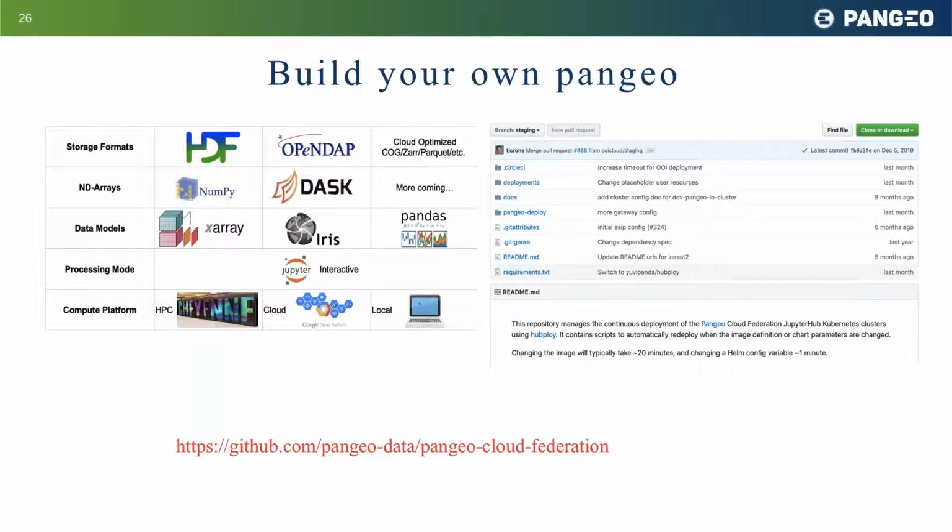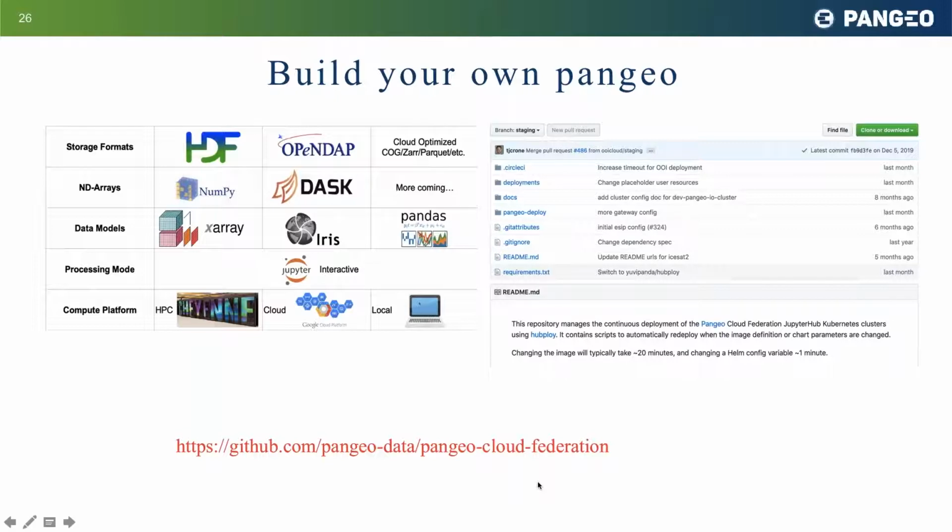But again, if you really, really want to harness that computing power, you would want to build Pangeo on the cloud. So what we have done at the University of Washington is to build an easier way to deploy Pangeo through a GitHub repository by using continuous integration.